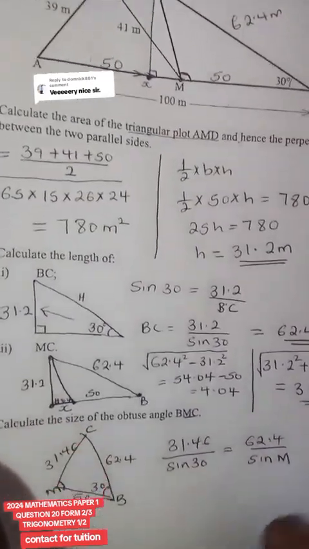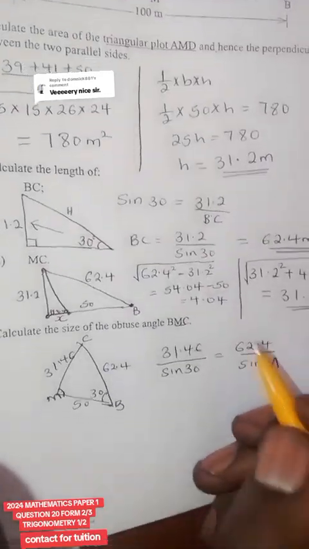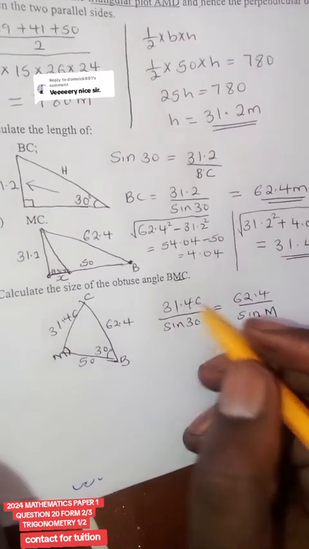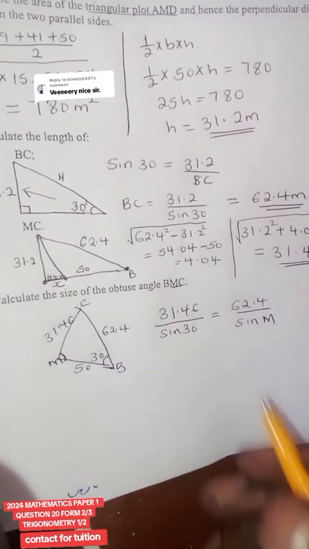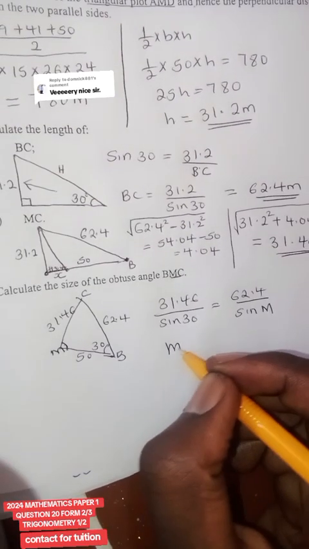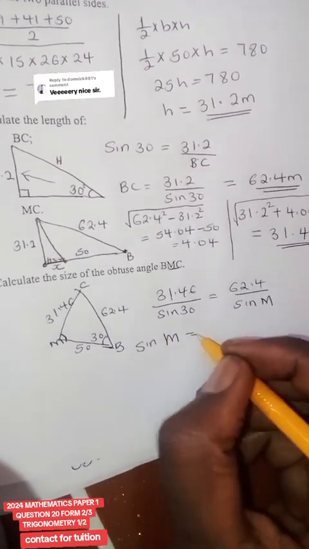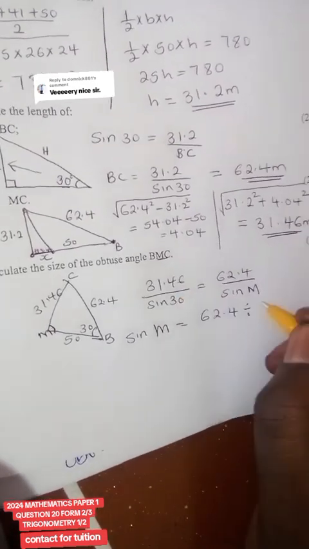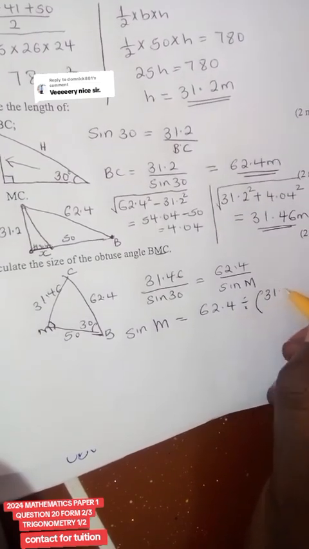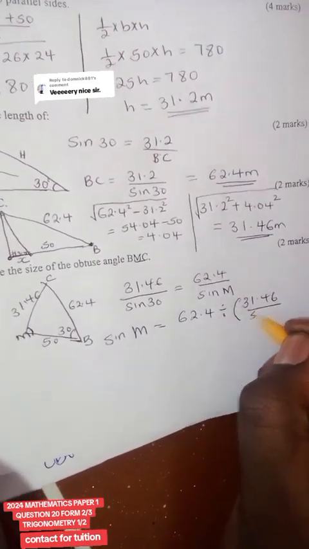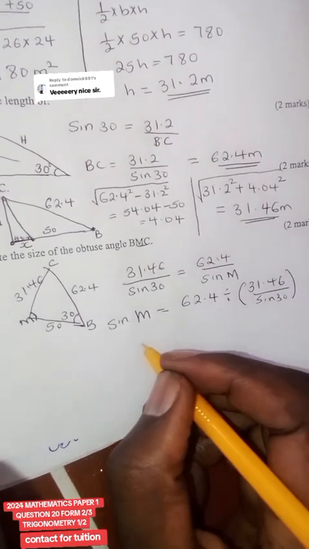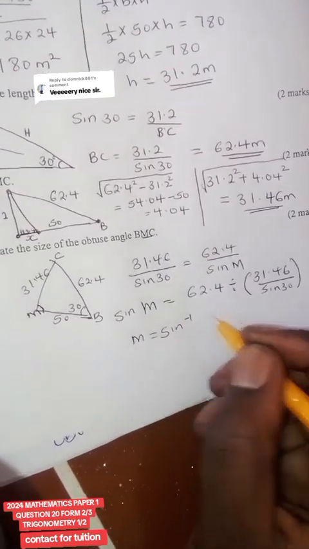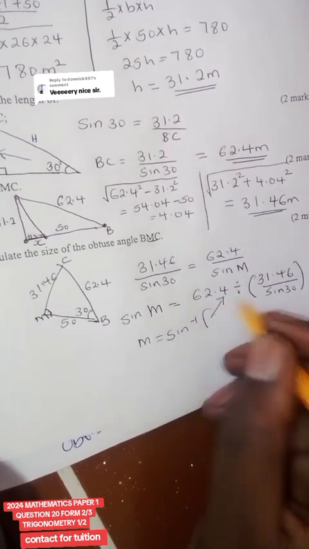Then we'll proceed by making M the subject of the formula. It means that sine M is 62.4 divided by all of this that is on this side, 31.46 over sine 30. So to find M, I'll have to find the sine inverse of the answer of the above here.